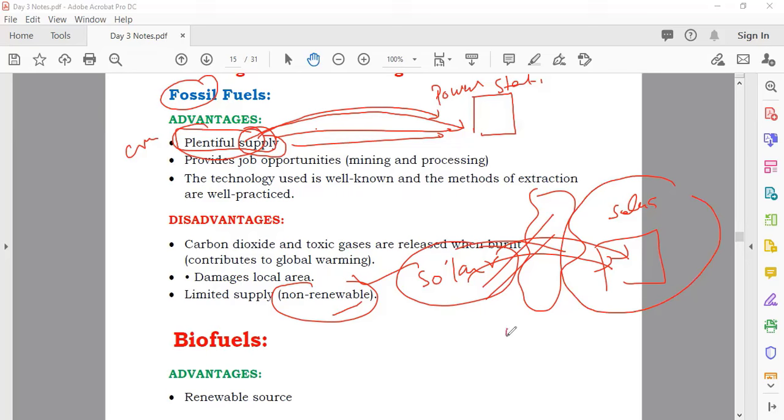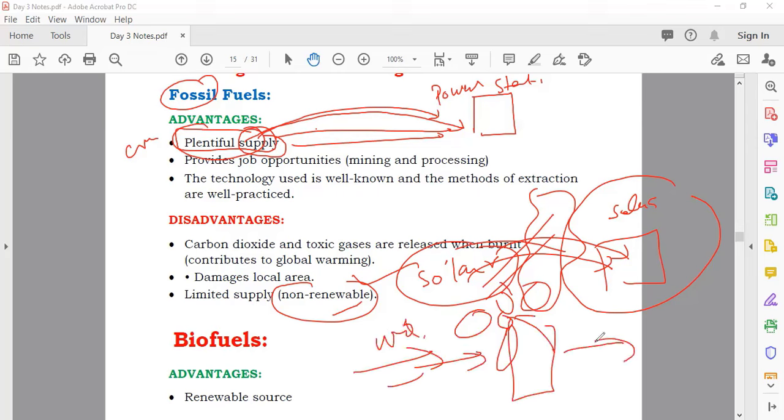If you have windmills and there is no wind, you cannot produce electricity. No supply. Supply means something is not available. You have every setup, but it depends on wind. If no wind, you cannot produce electricity. But fossil fuels, you can take up from the ground and you can use them anytime. Their supply is not limited. I'm talking about this one.